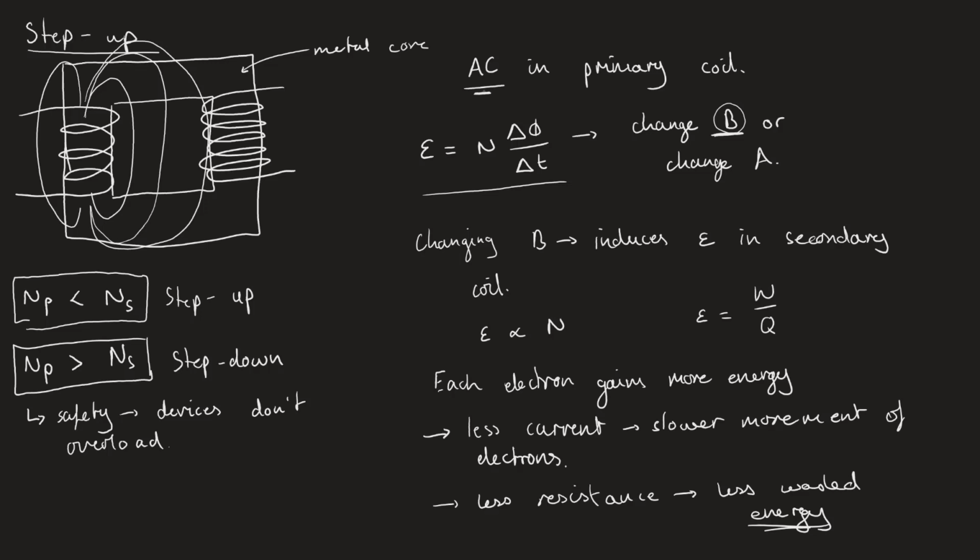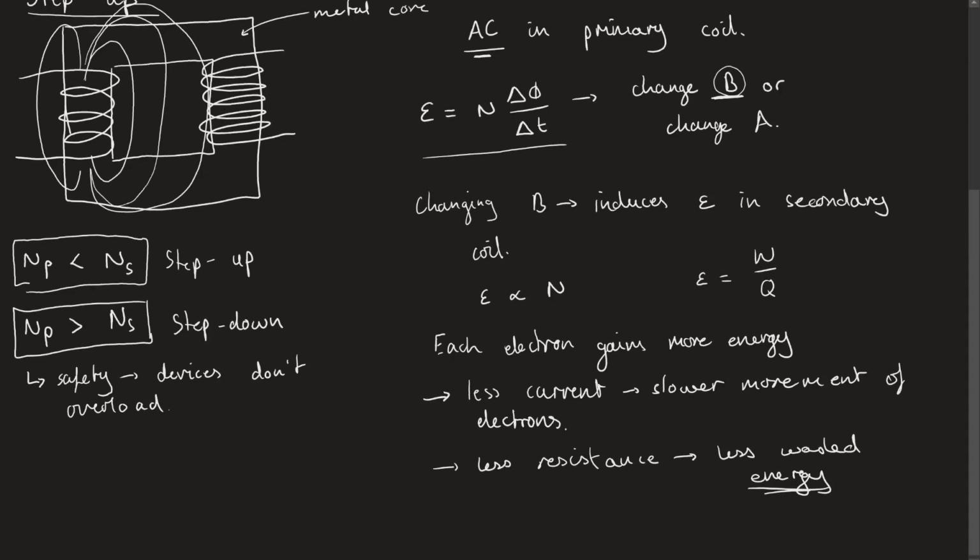Now, I mentioned briefly this idea of efficiency, and I said that increasing this EMF makes this more efficient. I should specify that it makes it more efficient for transmission in the wire, because I'm losing less energy. But I can also say that I have an efficiency in how much energy I'm transferring from the primary coil to the secondary coil.